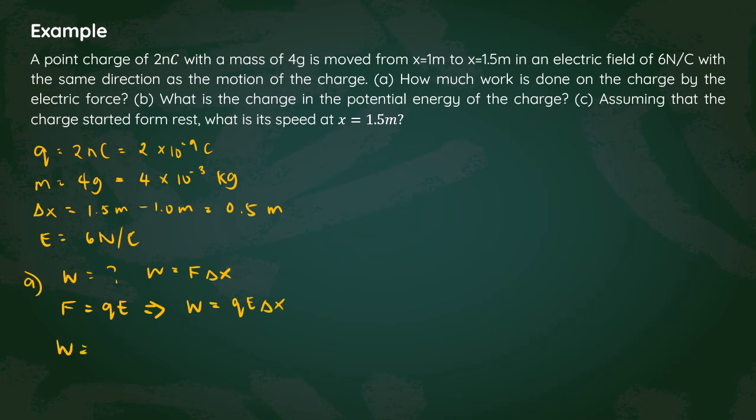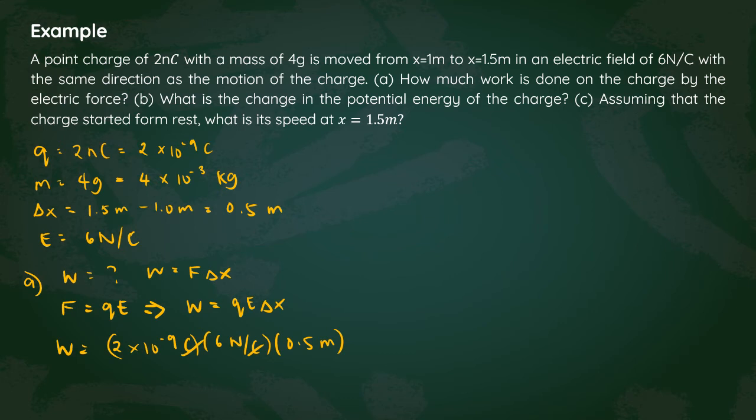Our charge is equal to 2 times 10 raised to negative 9 coulombs, times electric field, which is 6 newtons per coulomb, times our change in position, which is 0.5 meters. So we're left with newton meter as our unit, which is also expressed in joules.